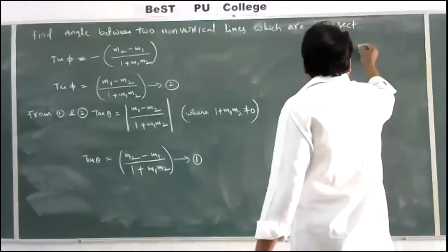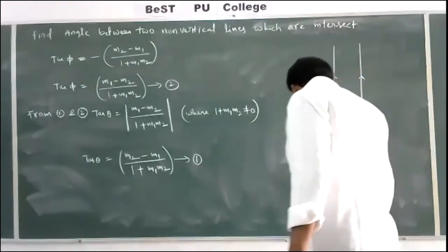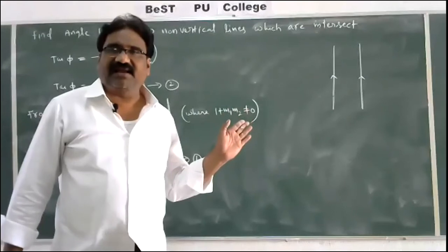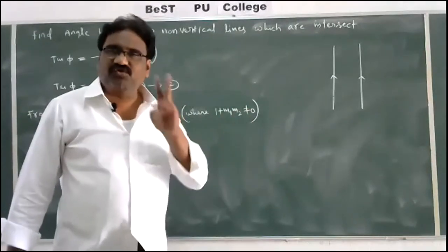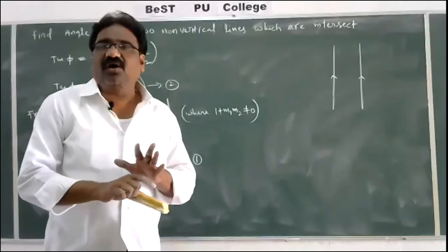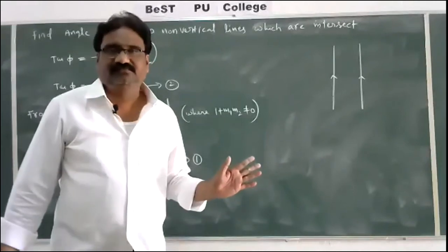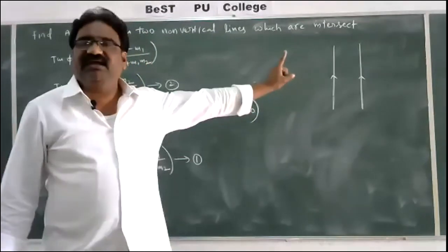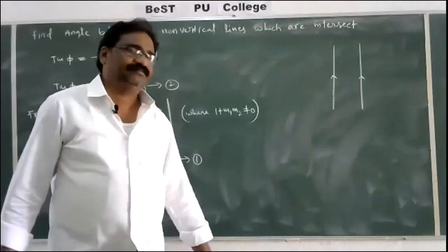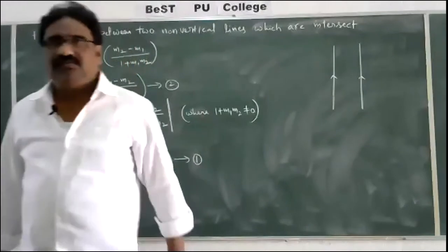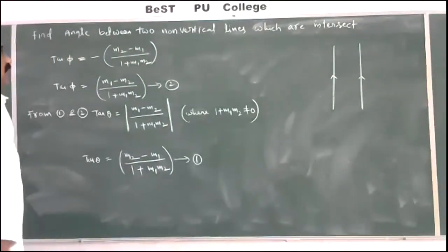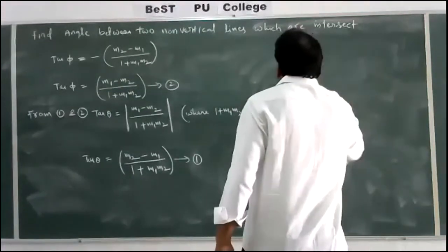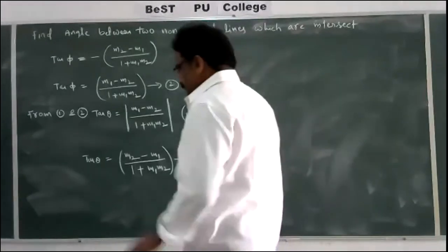If two lines are parallel, for example, observe this. If two lines are parallel, what is the angle between the two lines? If two lines are parallel, they are not intersecting at any point. That's why the angle between the two lines is 0. Right, note.